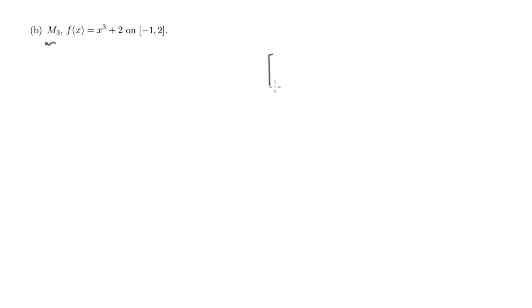So if we break up this interval, here's -1 and 2. So notice that the width of each subinterval, if I break it into 3 equal parts, should be 2 minus -1 over 3, but that's again just 1. Okay, so we'll draw 2 ticks to break it into 3 equal parts. This will be 0 and that'll be 1.